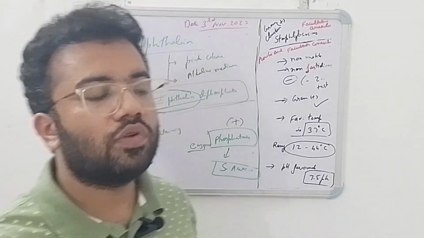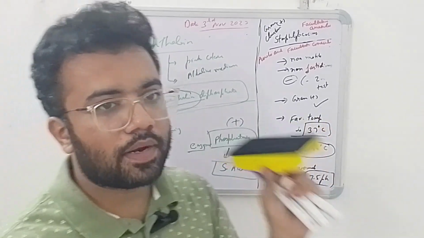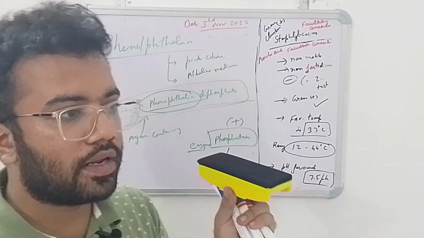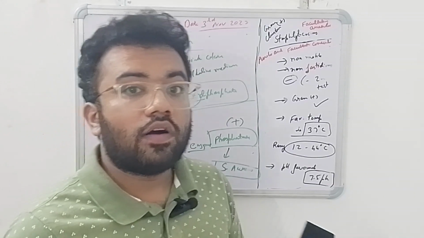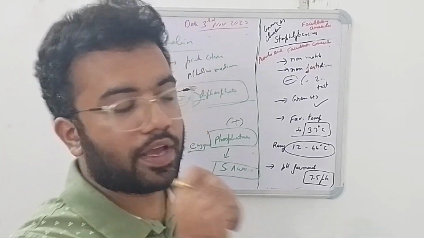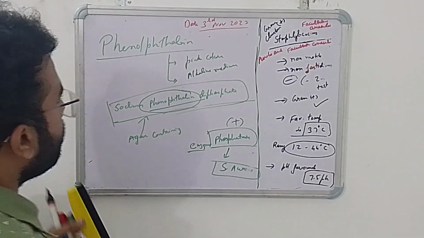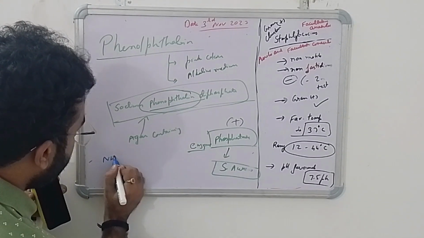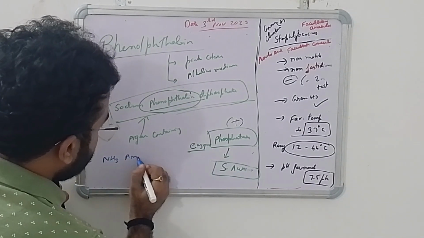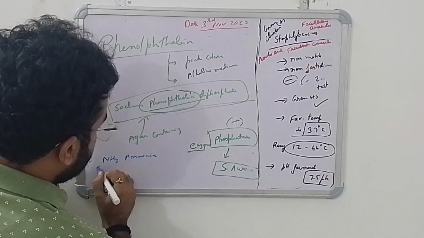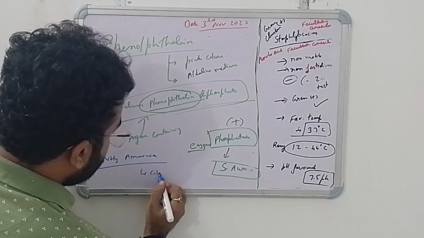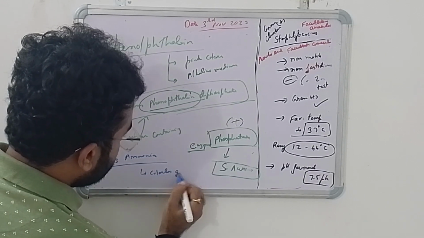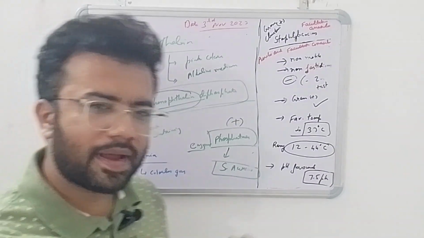So we will put this agar plate containing phenolphthalein over a gas called ammonia. Ammonia, NH3, is a colorless gas with a very pungent, bad smell.